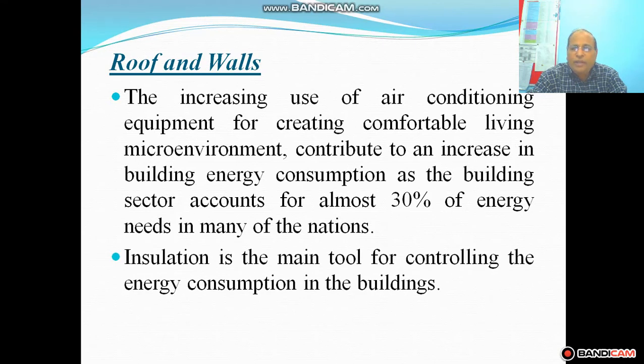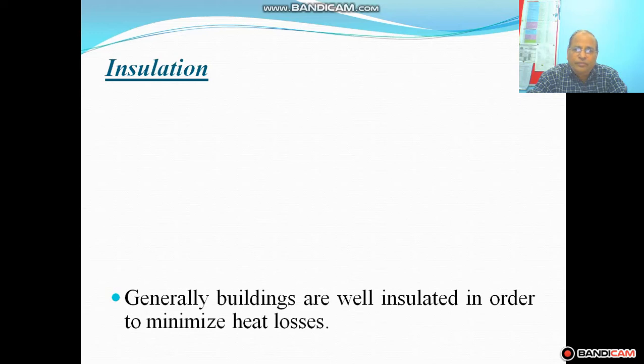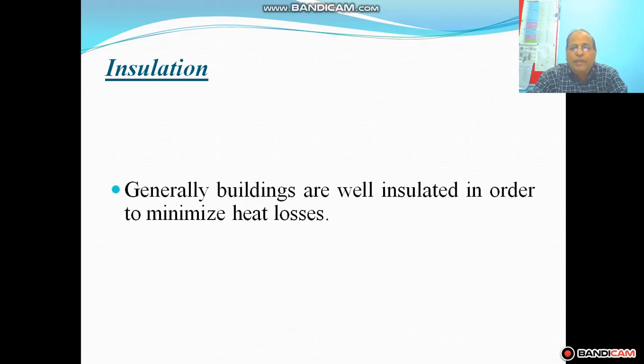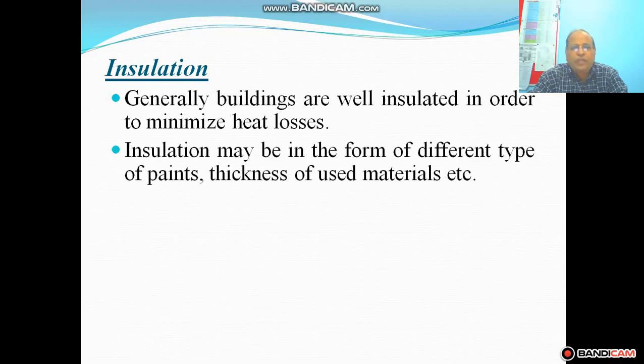Insulation is the main tool for controlling the energy consumption in the buildings. Generally buildings are well insulated in order to minimize heat losses. Insulation may be in the form of different types of paints, thickness of used material, etc.